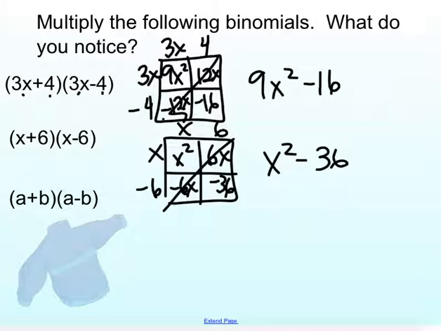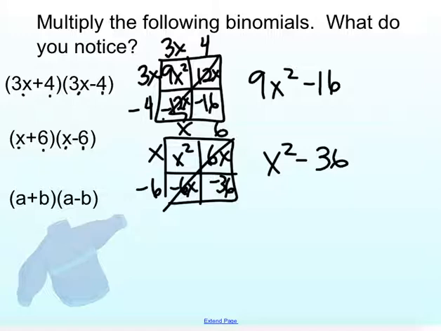And last one, let's see if we can do it based on the pattern that we see in the first two. When we look at these, both of them ended up with the linear term canceling out. So the 12x and negative 12x, 6x and negative 6x. So when we do this, we end up just multiplying our first terms together, so we get x squared, multiplying our second terms together, 6 and 6, and subtracting them.